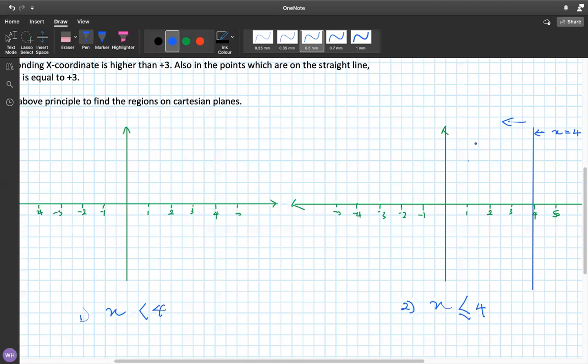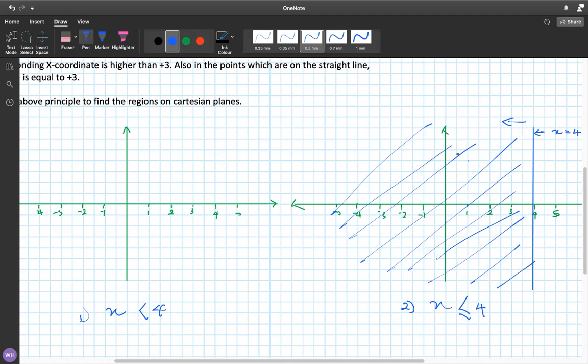You can color this region very nicely like this. So this is the region which you color, which is x is less than or equal to 4.